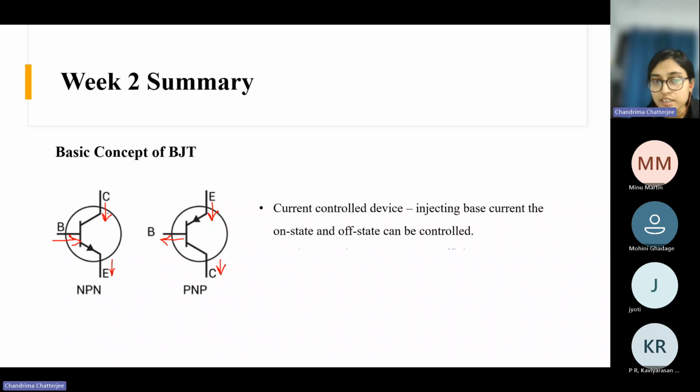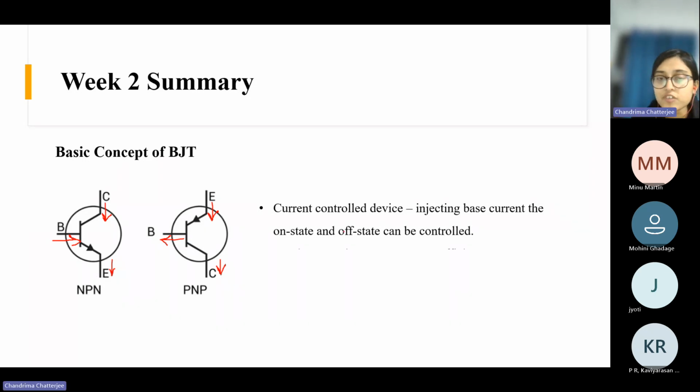And the current that flows through this channel, this collector current, is dependent on this base current, right? Based on how much current we are injecting through the base terminal, the collector current will vary. So that's why we say that BJT is a current control device. By controlling the base current, we can control the collector current. That's why it is said.